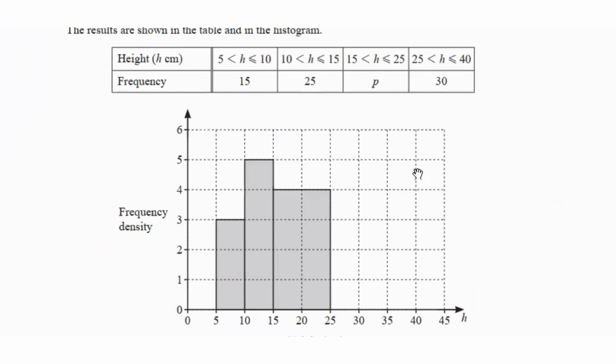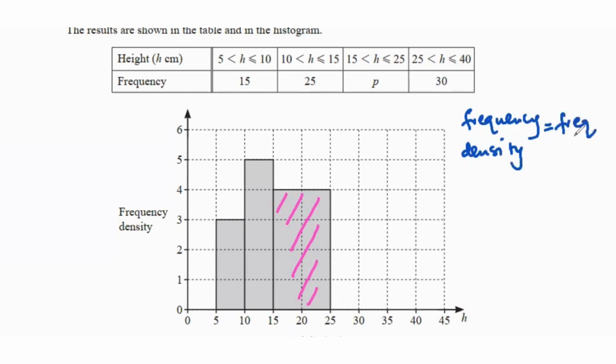So to find the value of P, it's in this bar. So we can see the frequency density is 4. So frequency density has the formula of frequency over class width.